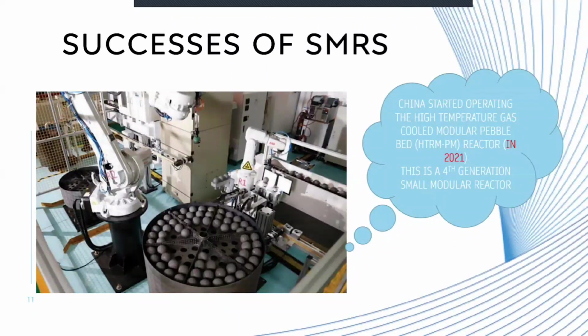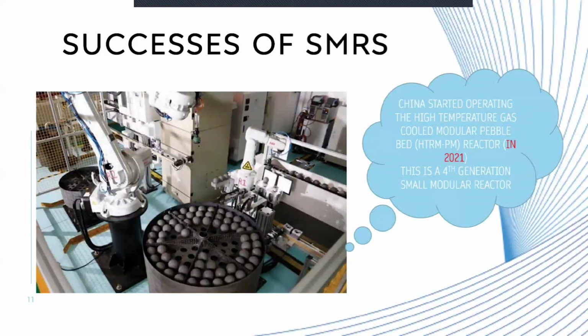It's a very incredible research that has been ongoing, and presently it is the first fourth generation small modular reactor that is existing. So all of this is to show that the research towards implementing small modular reactors is actually gaining a lot of results. That is to show this in particular.